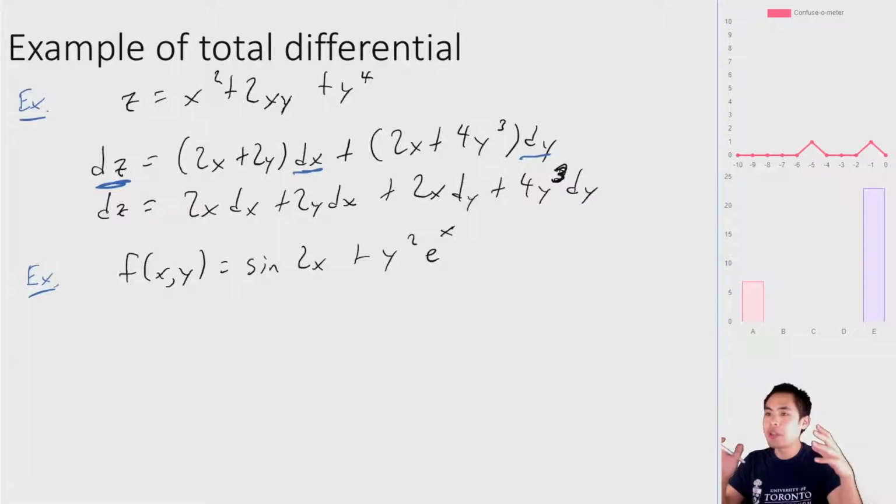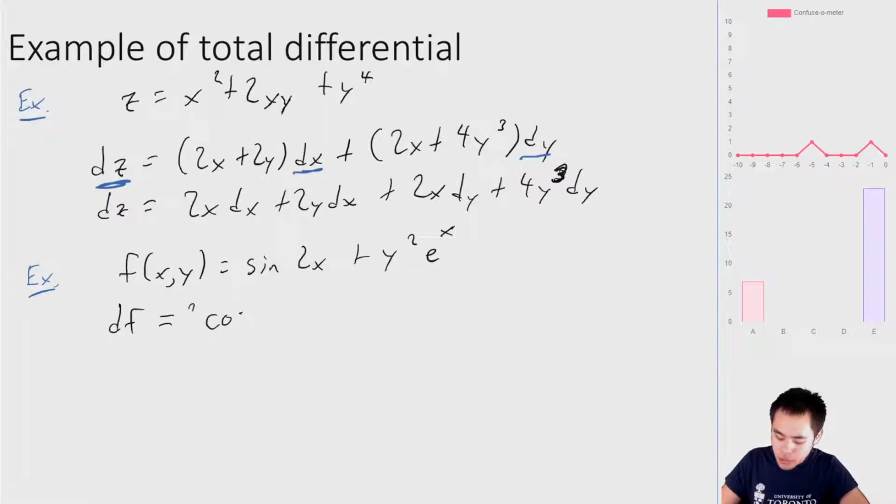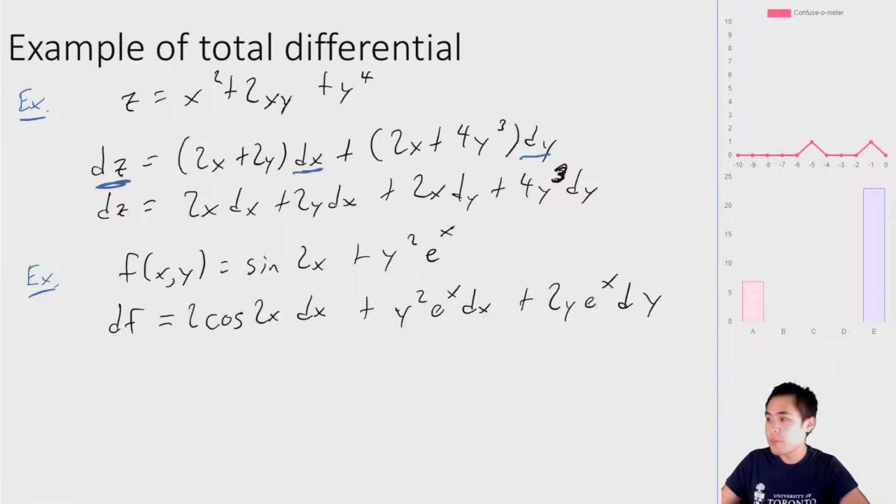You can think of it sort of like a partial derivative, but it's not exactly the same thing. And there's a reason we're going through this interlude. But to calculate it, all you have to do is take partial derivatives. So df here is going to be equal to 2 cosine 2x dx plus y squared e to the x dx plus 2y e to the x dy.